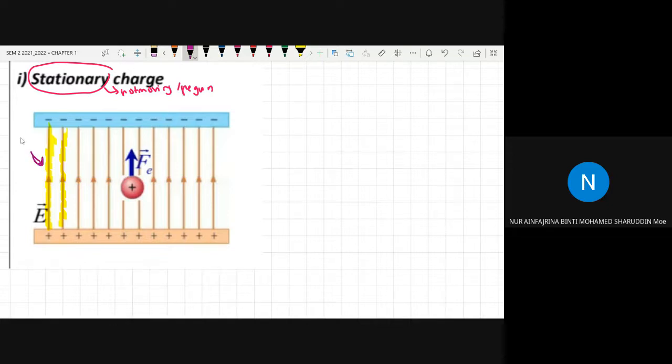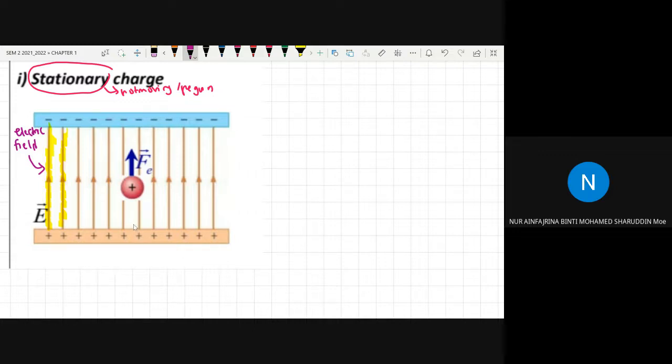So ini adalah electric field. Okay. So now this is your charge. Sekarang charge yang awak ada adalah positive charge. Positive charge dia akan attracted to negative charge ke to positive charge?